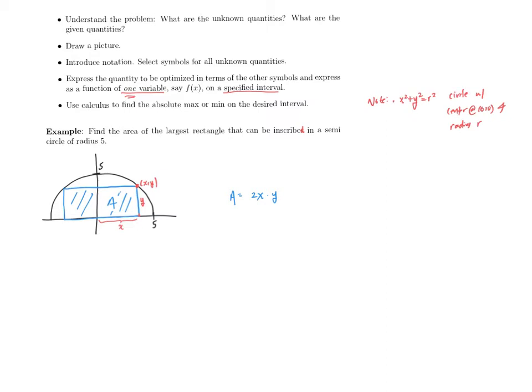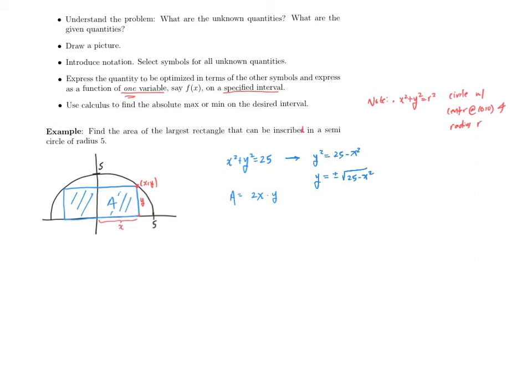So if we want the semicircle of radius 5, that would be the top half of the circle, whose equation is given by x squared plus y squared equals 5 squared. But note that describes the entire circle of radius 5, so the top and the bottom. If we solve for y, we could first isolate the y squared, and then note that y would be plus or minus the square root of 25 minus x squared.